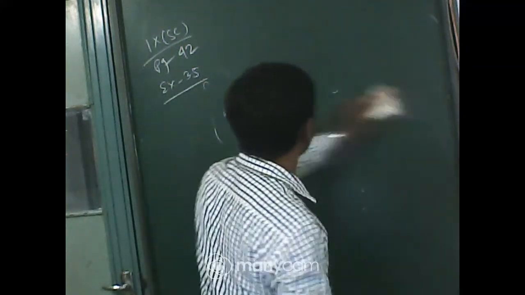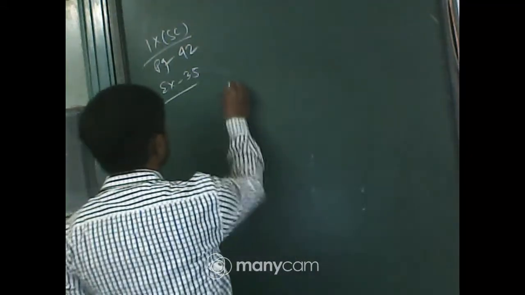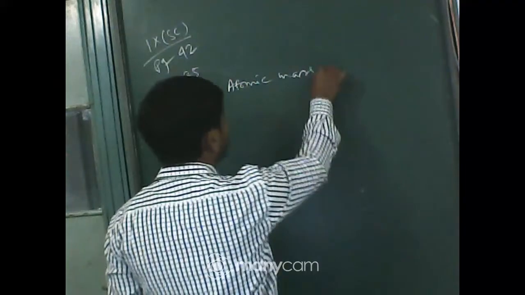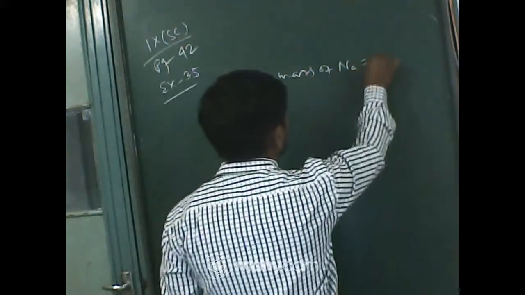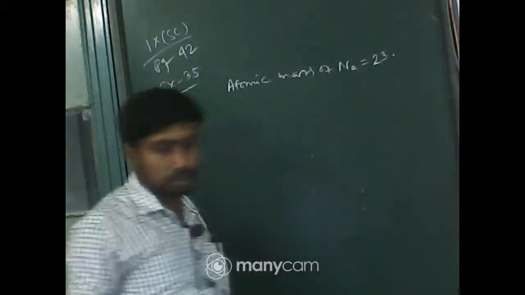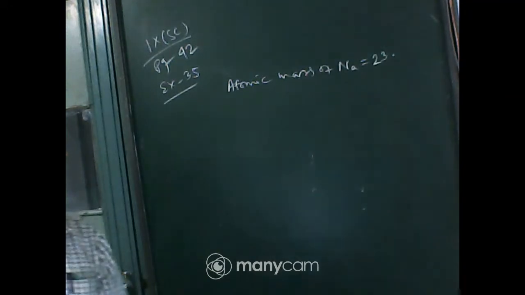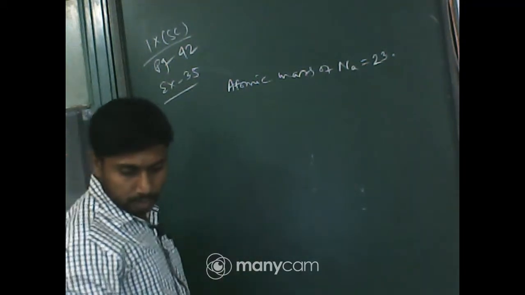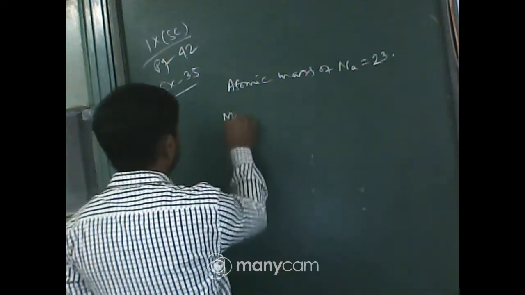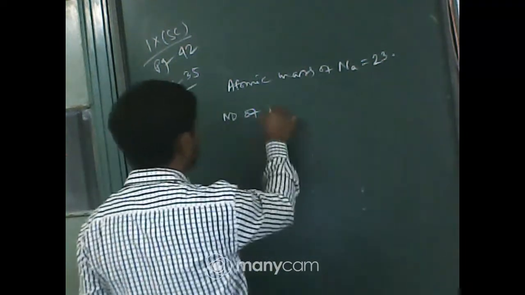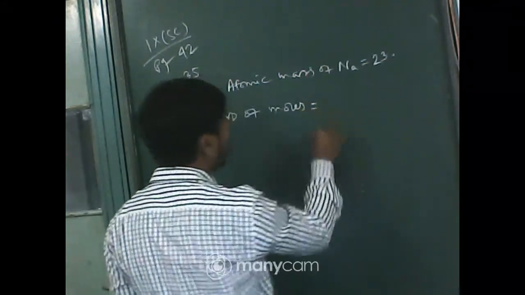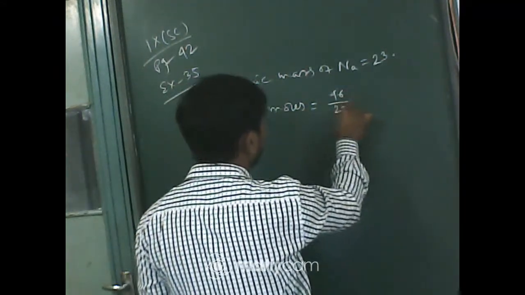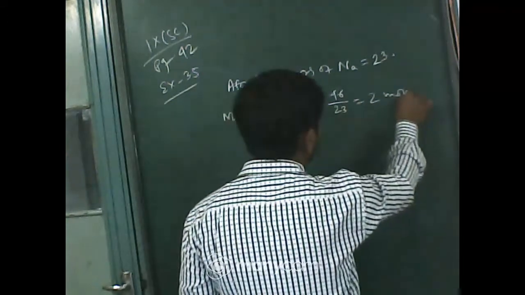Now, what is the atomic mass of sodium? So, atomic mass of sodium is equal to 23. Okay. Now, 46 gram. So, the number of particles. So, number of moles equal to 46 divided by 23, that is 2 moles.